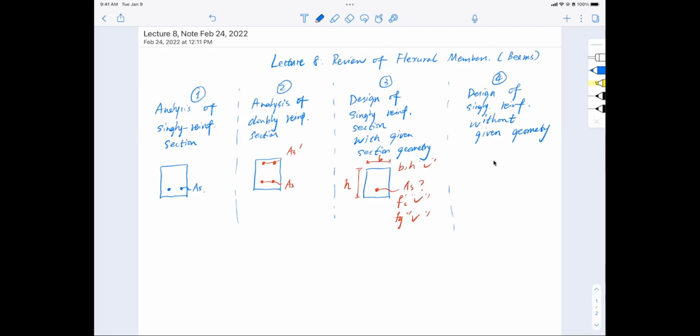That means I have a section and I have reinforcement in it, the tension reinforcement right here, and I have B and H over here. Usually I don't know B, I don't know H, and I don't know the reinforcement area either. So these four are what we have learned so far.